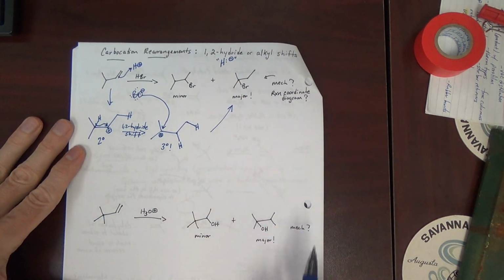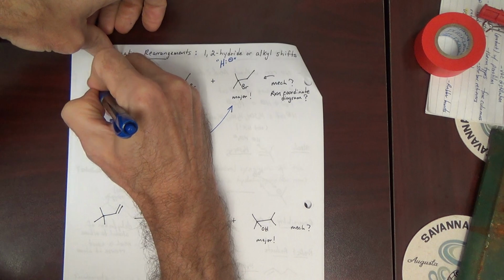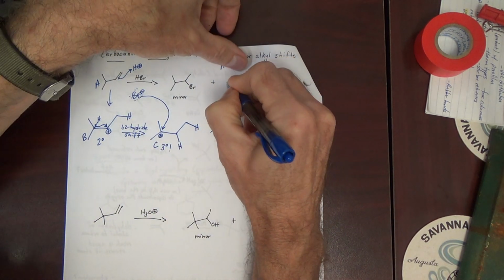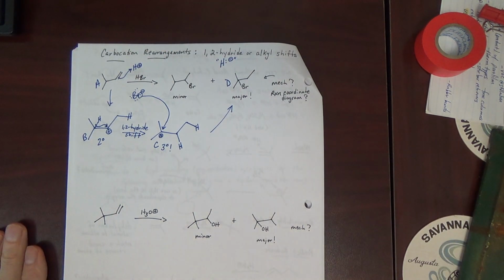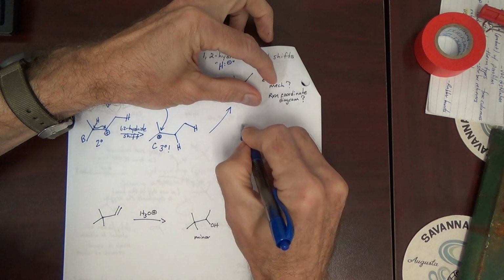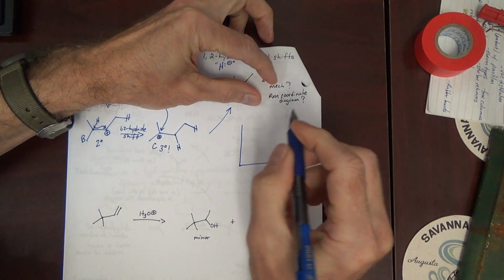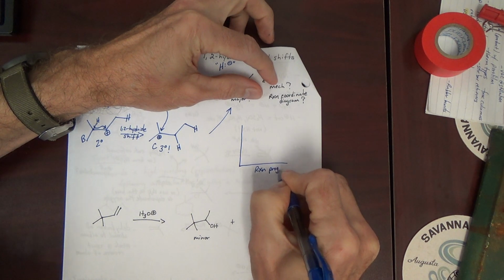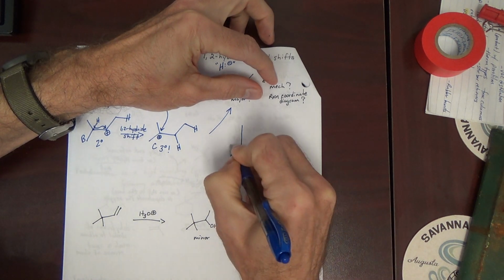Let's do a reaction coordinate diagram for that. Let's label this as A, B, C, and D. Two intermediates. We have reaction progress, some type of energy.